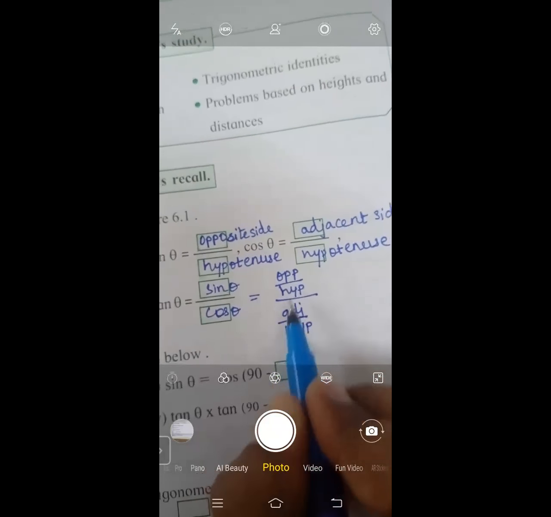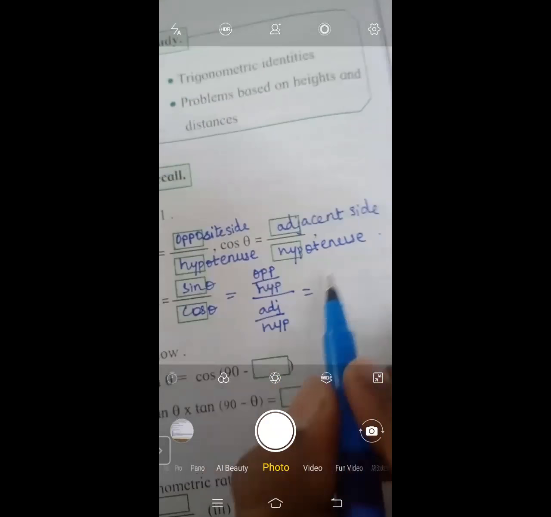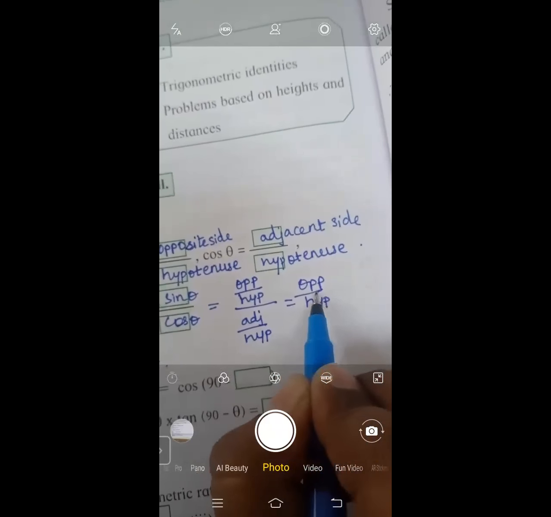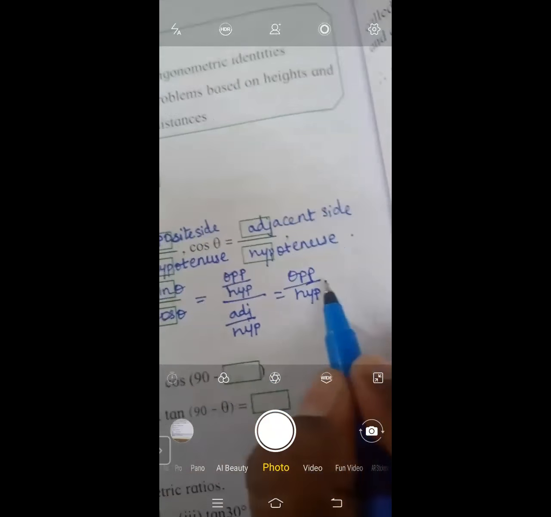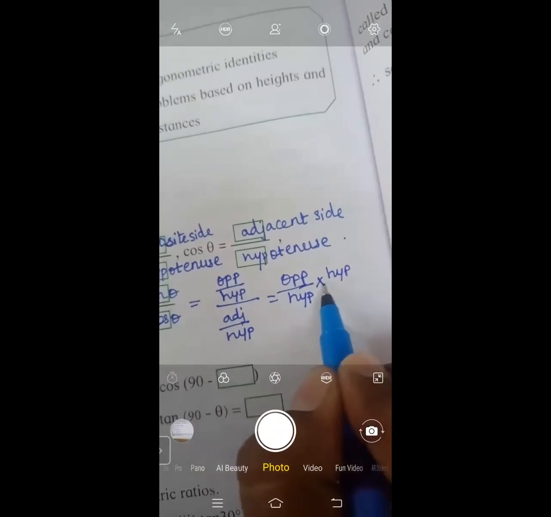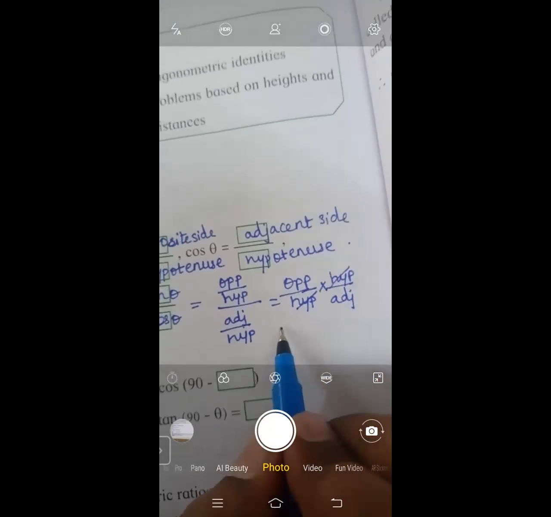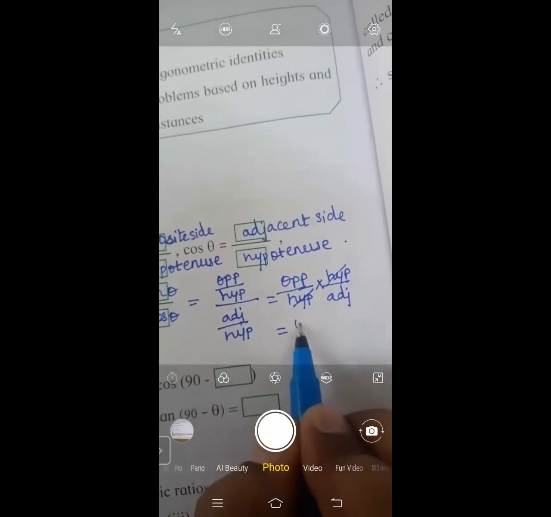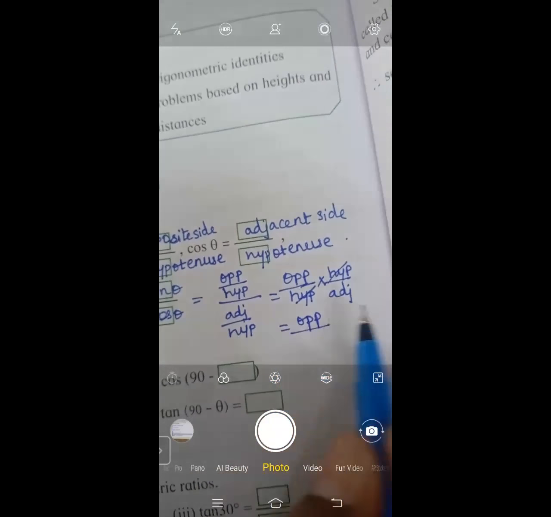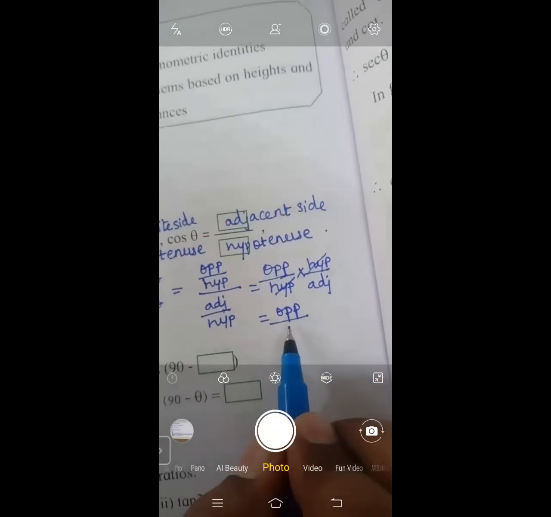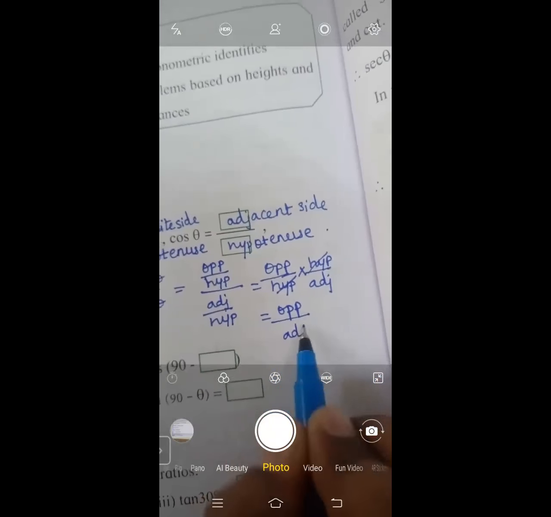As this is a division, we will take the reciprocal of the denominator, which is hypotenuse upon adjacent. You can see hypotenuse is the same, so it gets reduced by each other. So we are left with opposite side divided by adjacent.